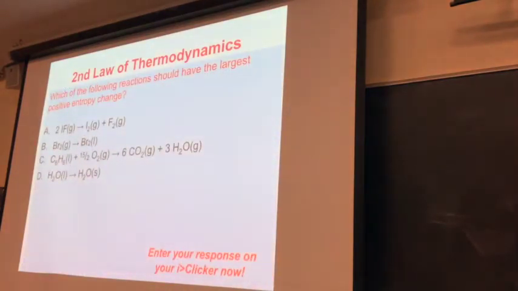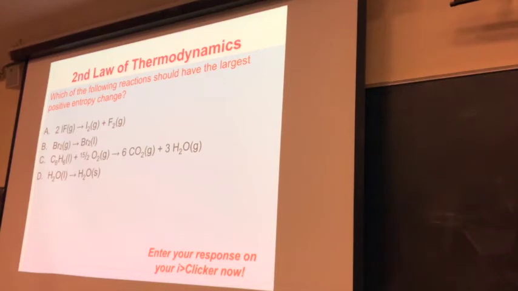So which of these do you think would have the largest positive entropy change? Now again, remember, entropy is all about disorder, and we've all been babbling about things that make entropy values go higher and smaller, all right? So as an example, do you think it's reasonable that a gas going to a liquid would have a positive entropy value?